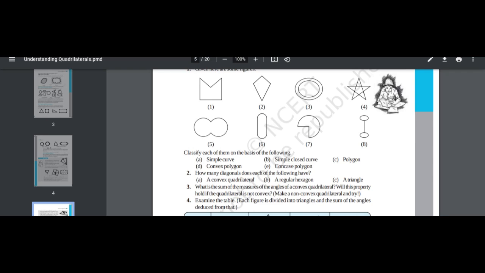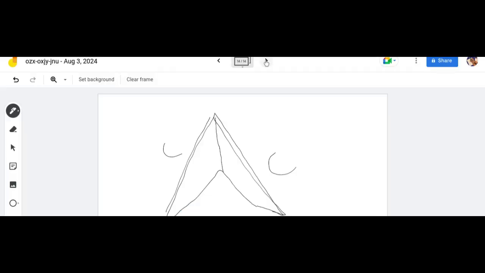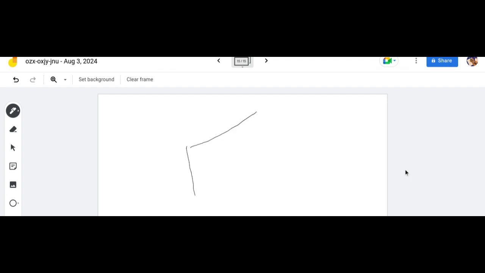Now we have to do this. Here firstly we have to draw the convex quadrilateral, just like this.